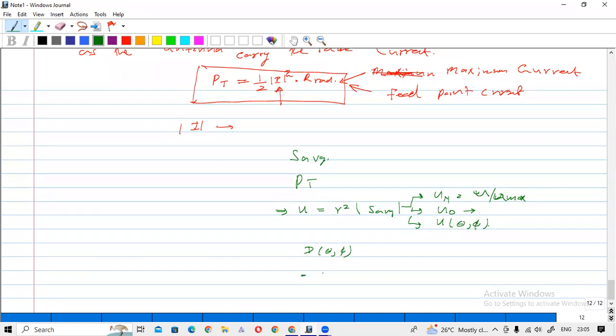Then we found the directivity, that is the maximum of the directivity function, and then the half power beam width and radiation resistance.